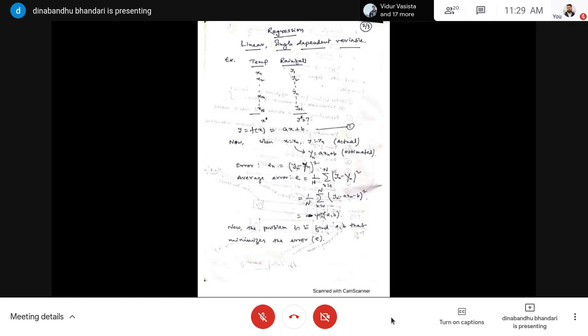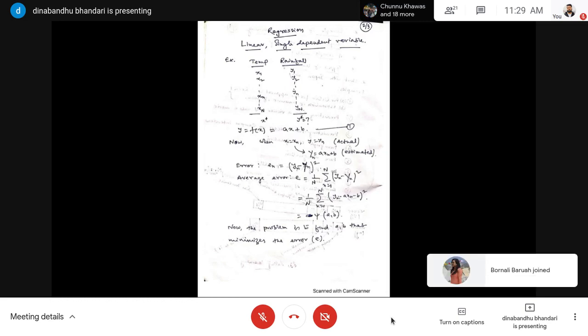Now you see what our problem was. Our problem was to find a mapping, a function that would help us map temperature to rainfall. Now, if we assume that function is Ax plus B, we got this error. Our objective is to minimize this error.